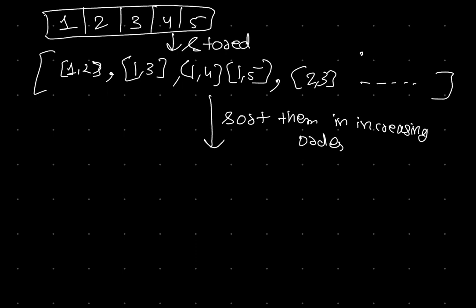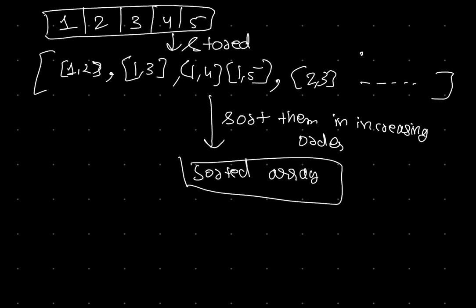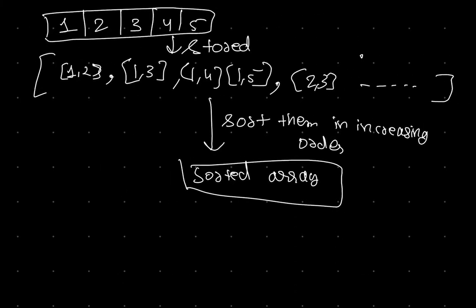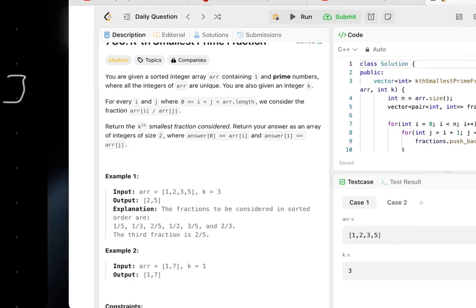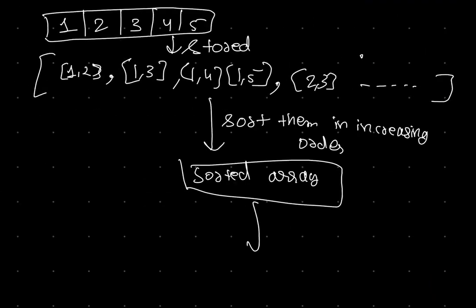And after sorting, we will get a sorted array. And using that sorted array, in the problem, what we have to return? We have to return the kth smallest fraction. So not the last, but kth smallest. So whatever the kth smallest is, we will return that.